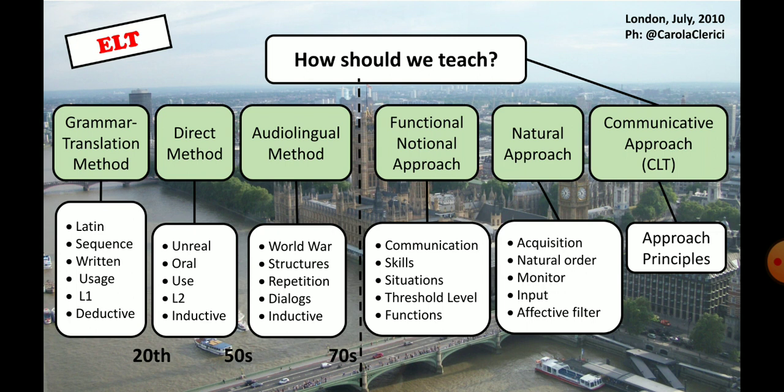The acquisition learning hypothesis, that he says that acquiring the language is something natural, spontaneous, that happens when we are exposed to the language, as opposed to learning that is like studying the language, like the things we do when we are taught consciously. The natural order hypothesis refers to the fact that some bits of language are learned before others. For example, it's easier to learn the S of the plural and not the S of the third person singular. So plurals should be taught before, definitely.